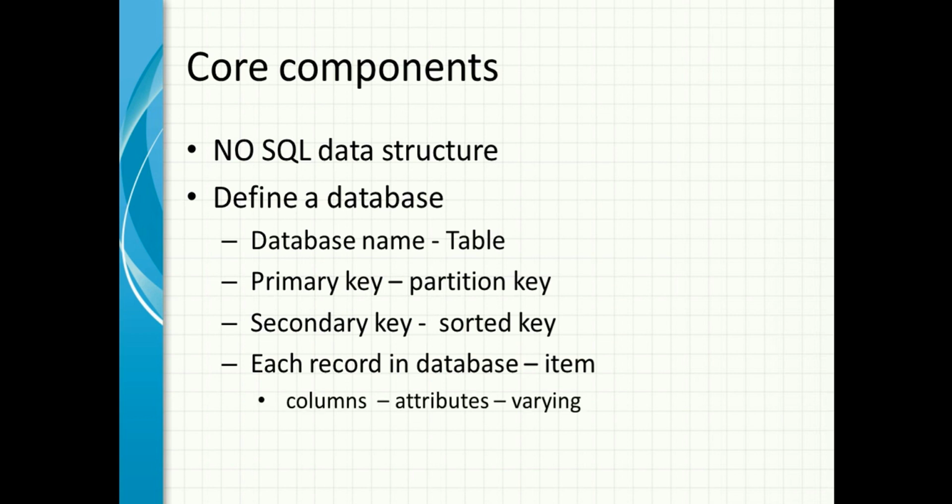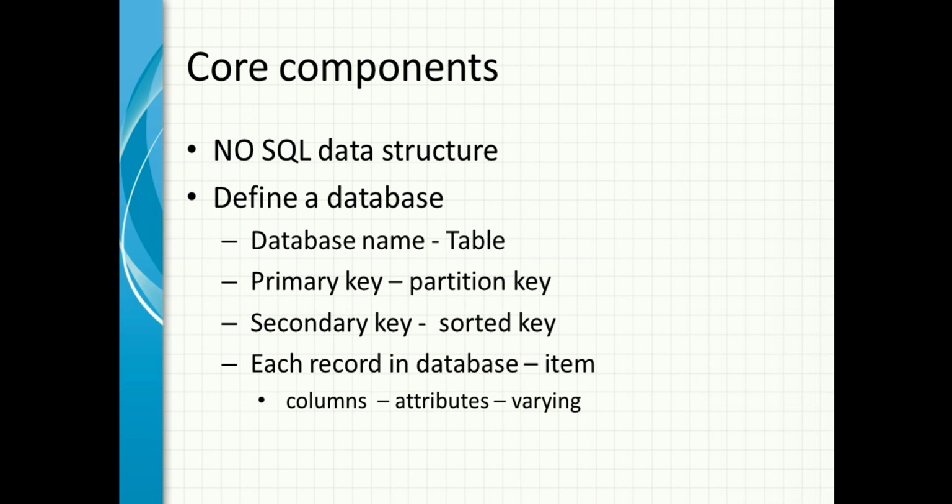Each item will have a number of attributes, and the attributes are not necessarily the same. All items in the database do not necessarily have the same attributes. One item can have some attributes, another item can have other attributes, and attributes can be nested inside.